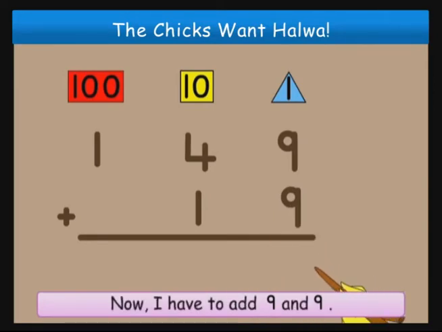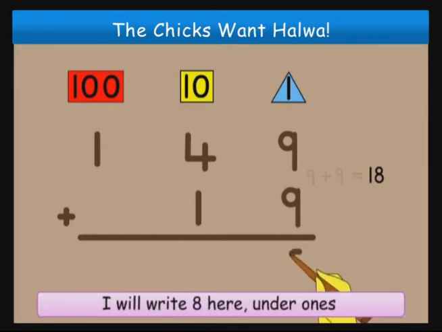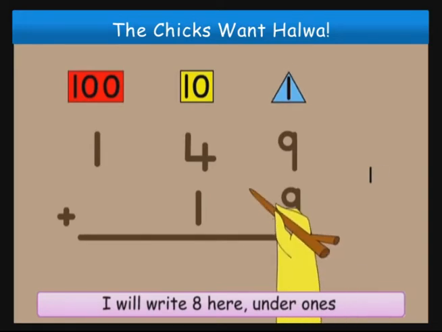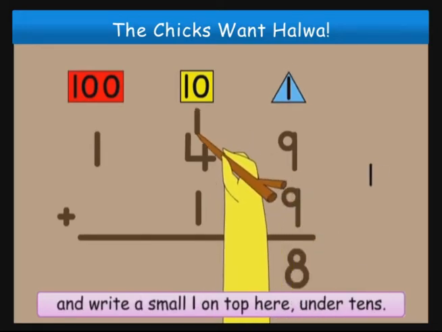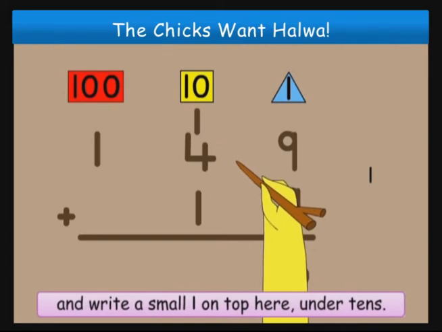Now I have to add 9 and 9. I will write 8 here under ones and write a small one on top here under tens.